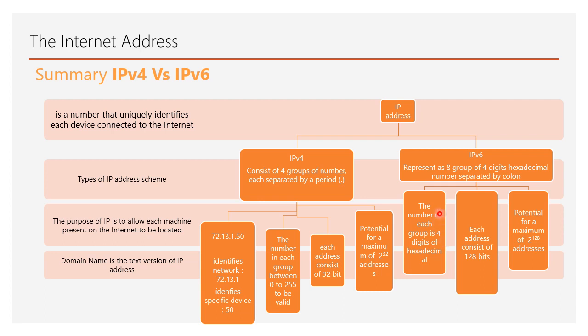In IPv6, the number in each group is 4-digit hexadecimal. Each address consists of 128 bits, with the potential for a maximum of 2 power 128 addresses.